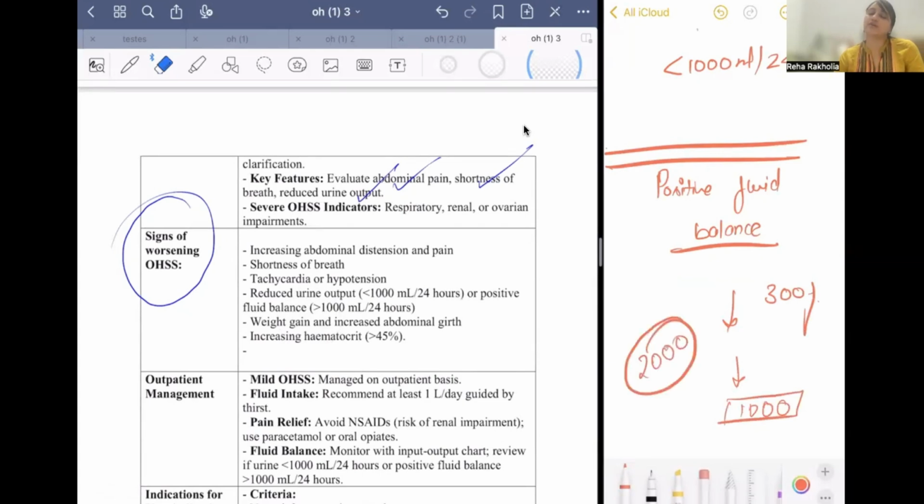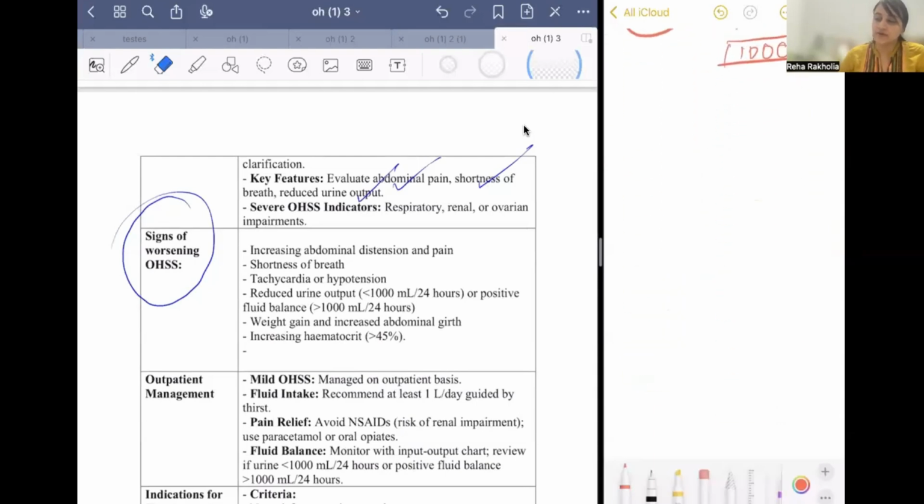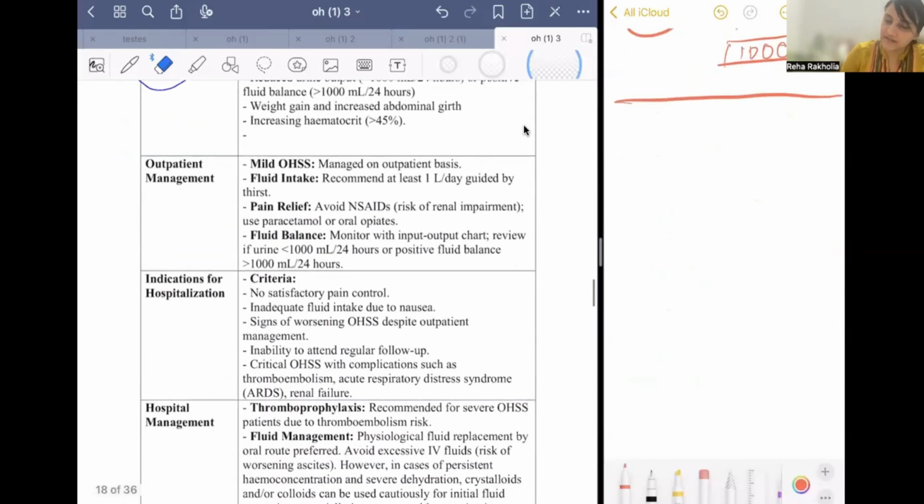Okay, so there shouldn't be more than 1000 ml per 24 hour positive fluid balance. Other signs include weight gain, increased abdominal girth, and rising hematocrit exceeding 45, sorry.